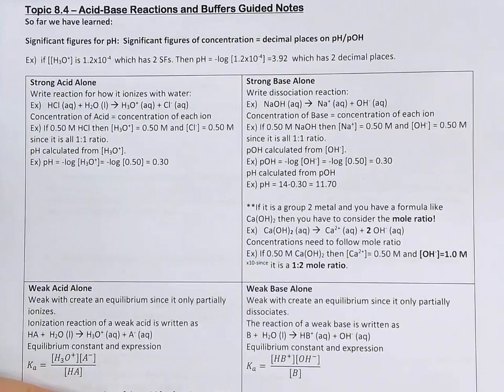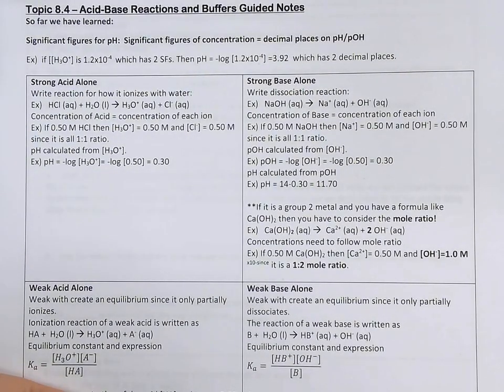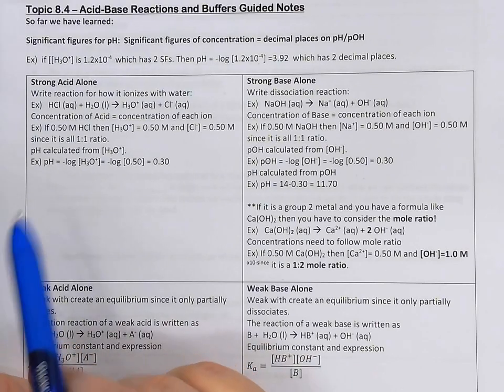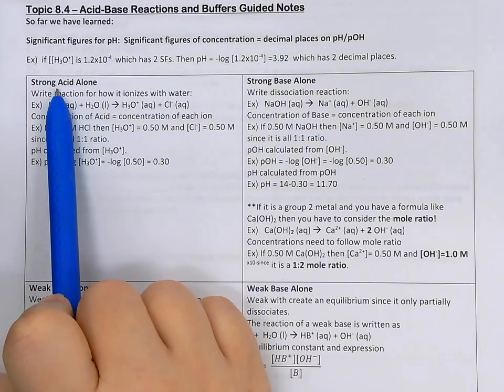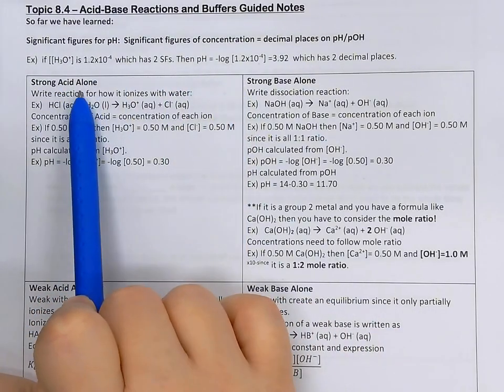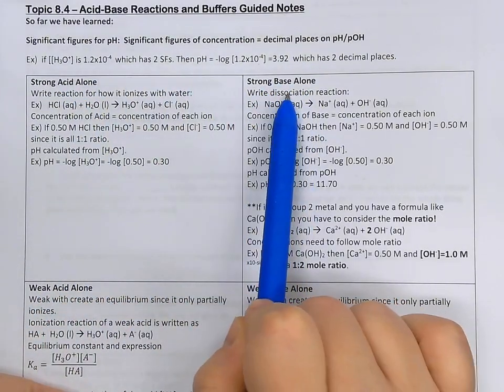All right, in topic 8.2, after learning about pH and pOH and how we can convert between those different values, we looked at finding pH and pOH of a strong acid by itself or a strong base by itself.